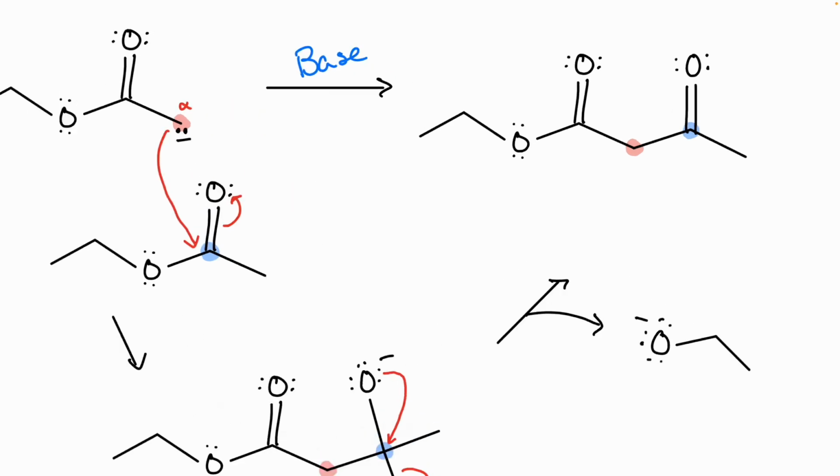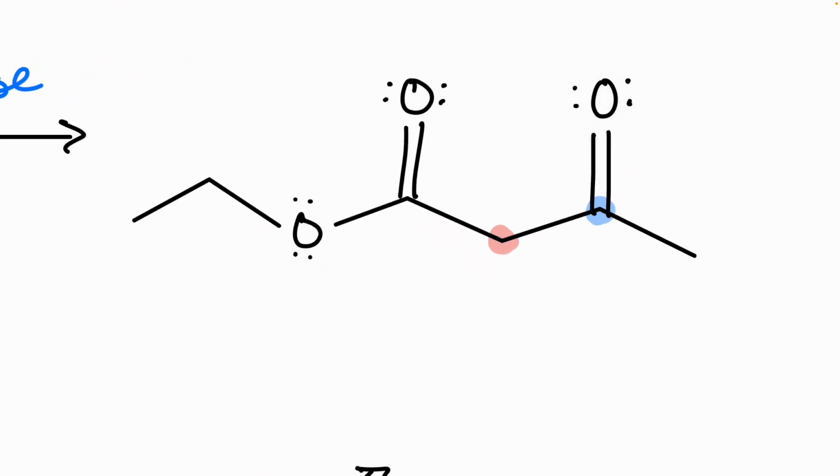All right, so let's just focus in on our Claisen condensation product here. When that pair of electrons came back down on that oxygen, we reformed that carbon-oxygen double bond, right? Let's do our counting here. Again, if we start 1, 2, 3, where is our new bond located?